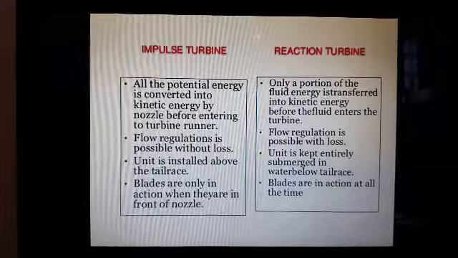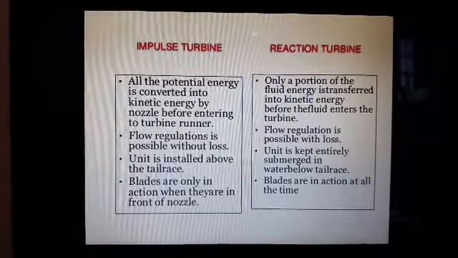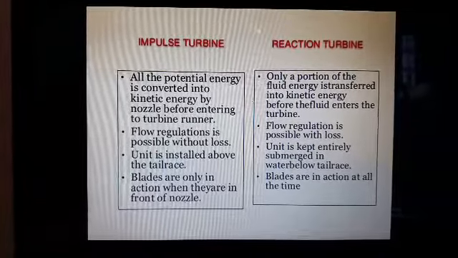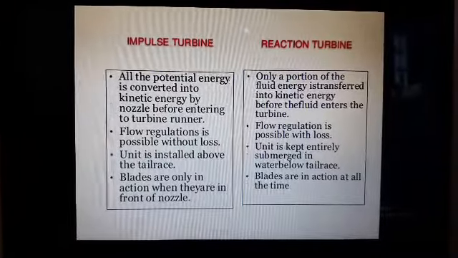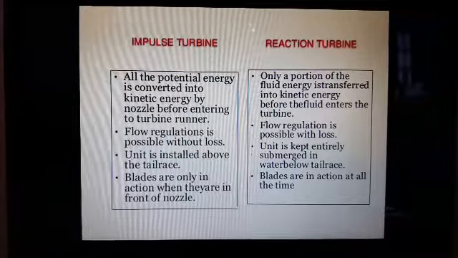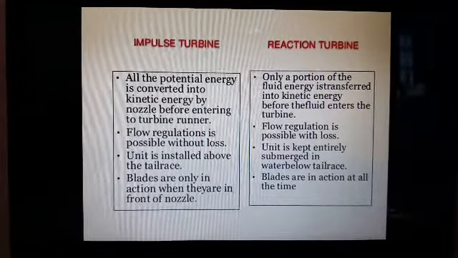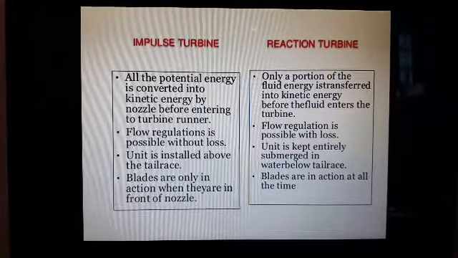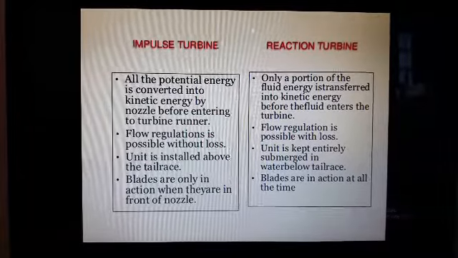In the impulse turbine, blades are active only whenever they are in front of the nozzle. They should be in front of the nozzle so that the water strikes the surface of the blades properly.